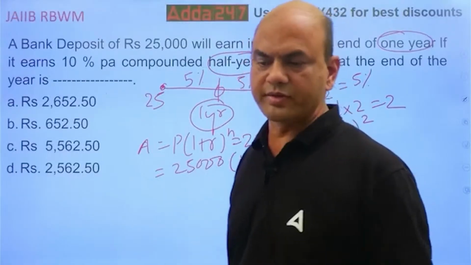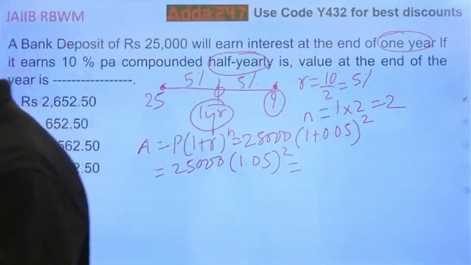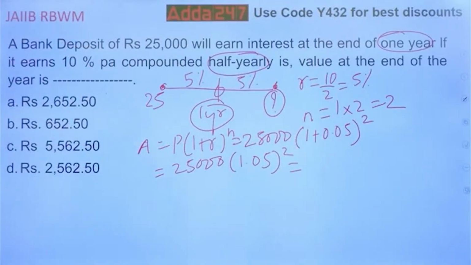Get the answer, everyone. Check, everyone get the answer. First get the answer for 1.05 raised to 2.